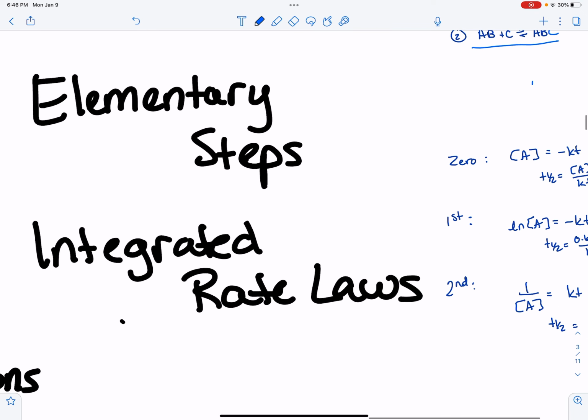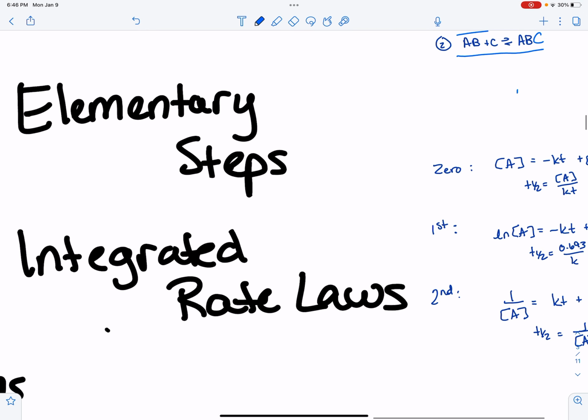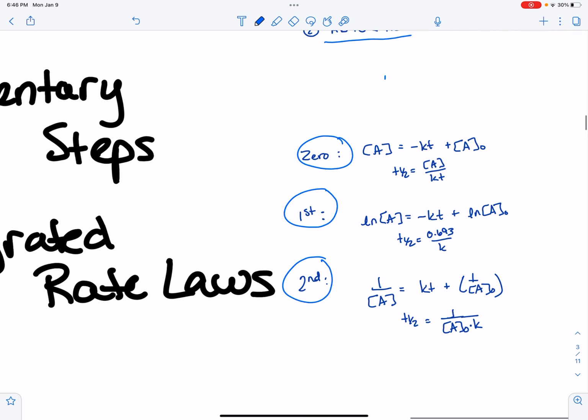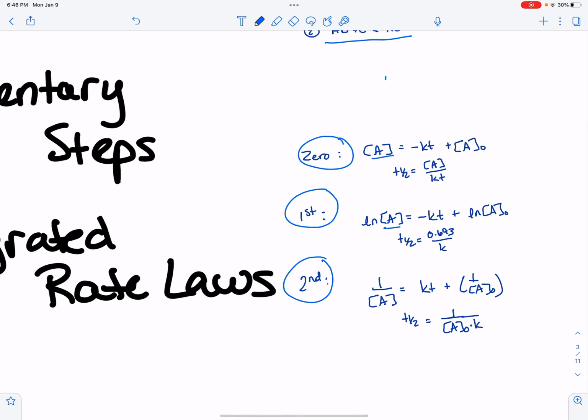And then we have the integrated rate laws. The integrated rate laws basically have us, if we know the order of the reaction, 0, first, or second, then they're going to give you information and you just have to plug in the right equation. There are 3 kinds of equations, but you'll notice all the equations have an A, all the equations have a K, and all of them have this A naught term. You'll get 3 out of the 4 variables, and you have to make sure that you know if it's 0, first, or second.